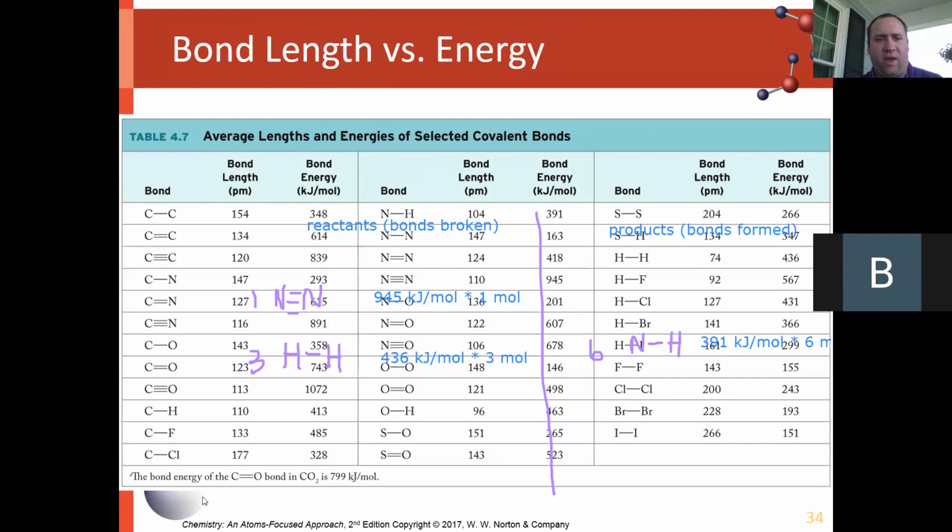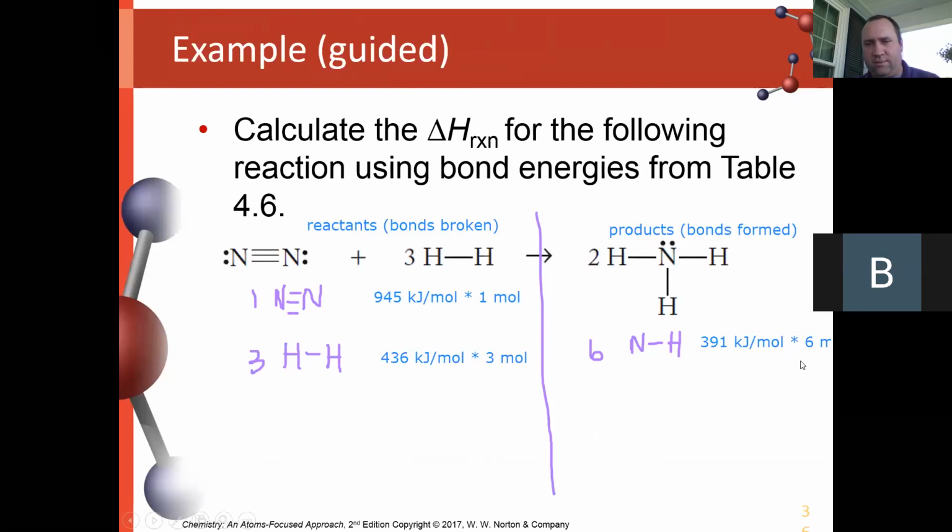So go back now to where I was, and start adding together these values. On the reactant side, 945 plus 436 times 3 gives me a grand total of 2,253 kilojoules for the bonds that were broken.